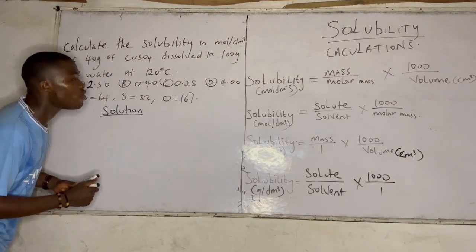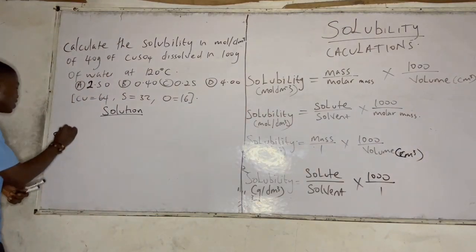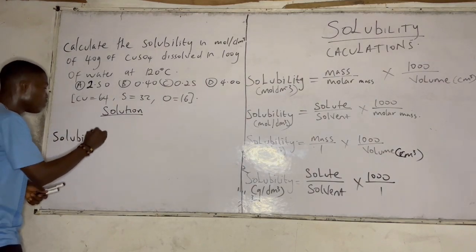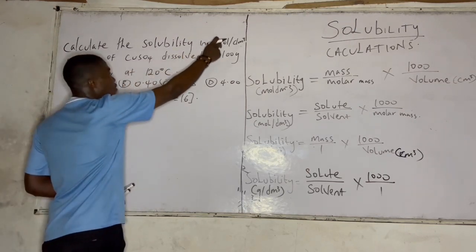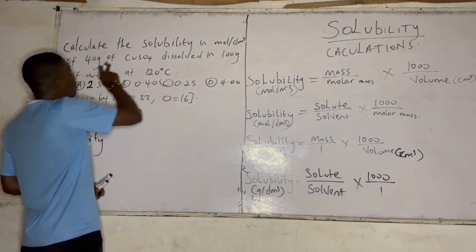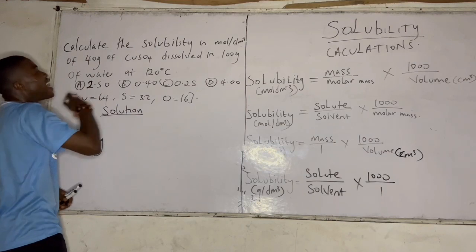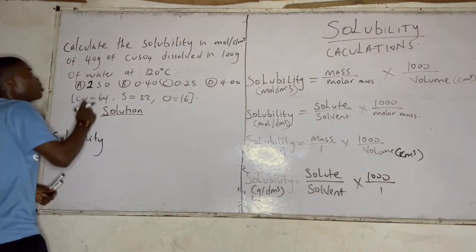Applying the second formula, because we are still working in mole per dm³, but they gave us the mass of solute and mass of solvent, which is usually water.